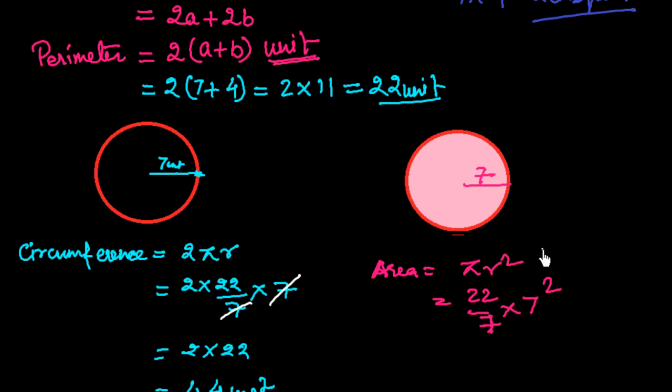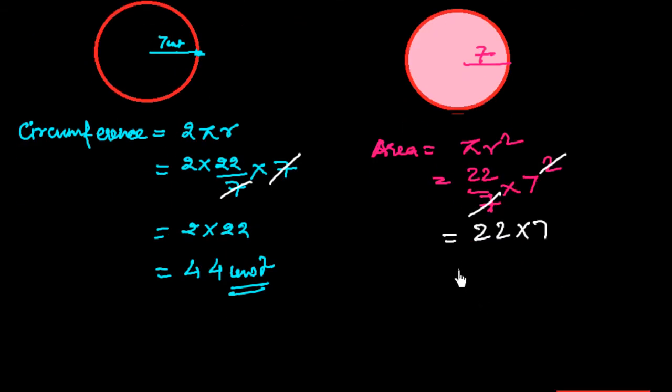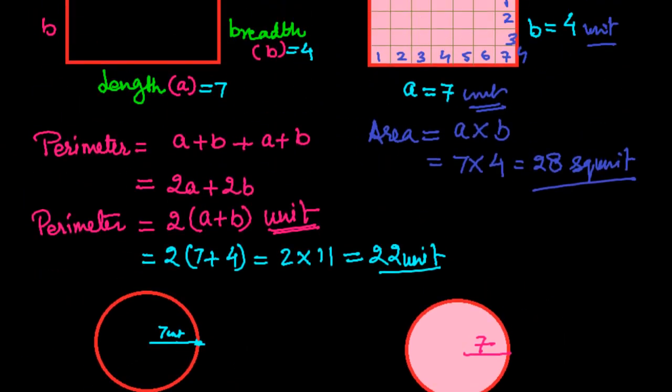If we simplify this, the square eliminates one 7, so it is 22 into 7, which is 154. It is also in square units because it is an area. So the area is always in square units, and the perimeter and circumference are always in units.